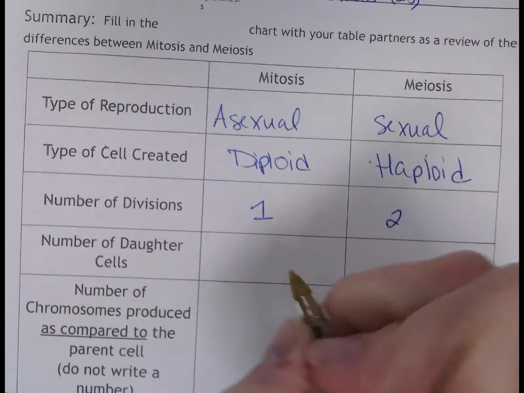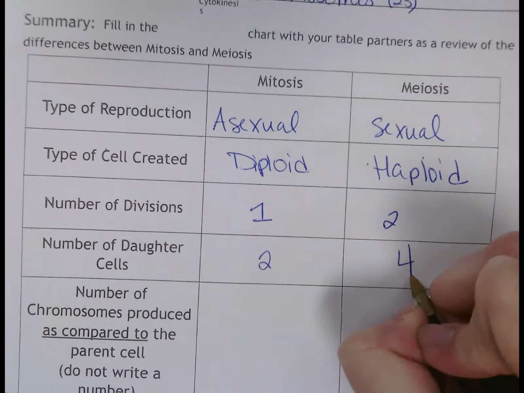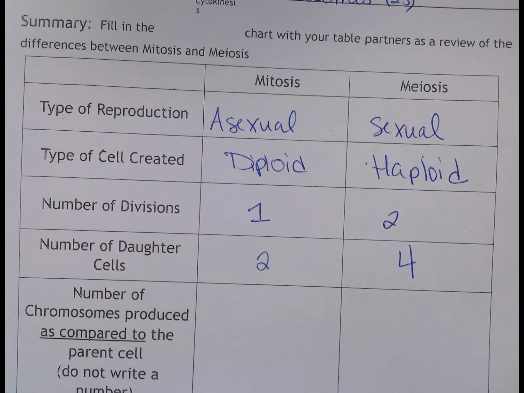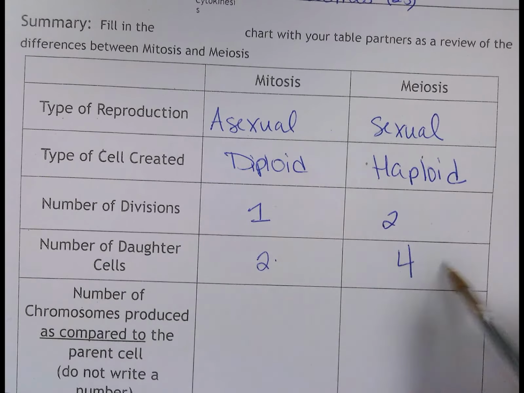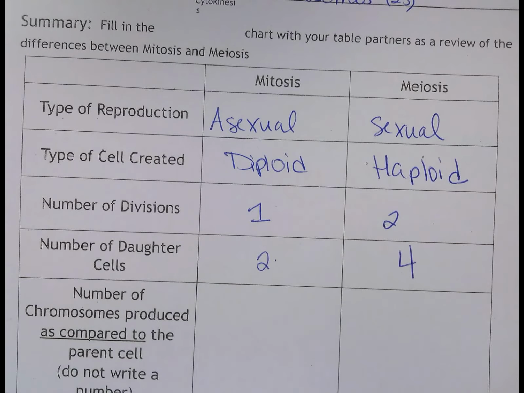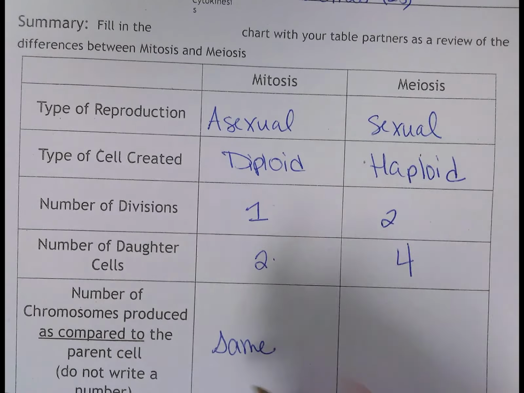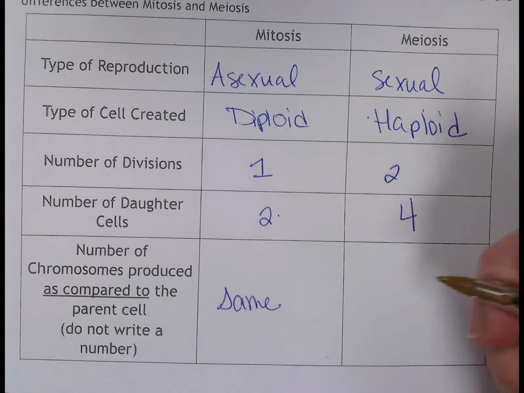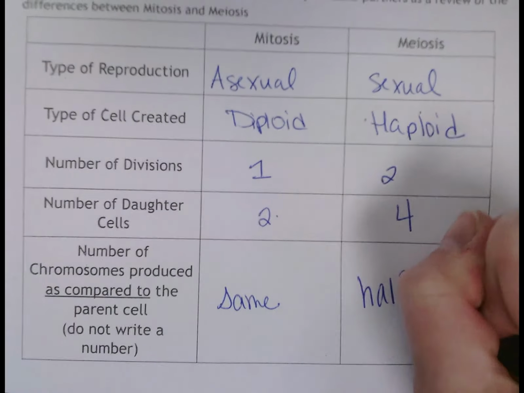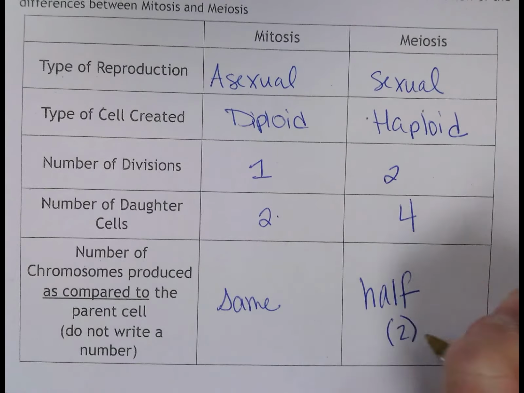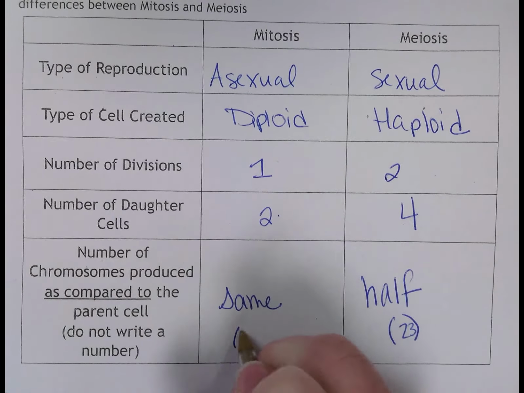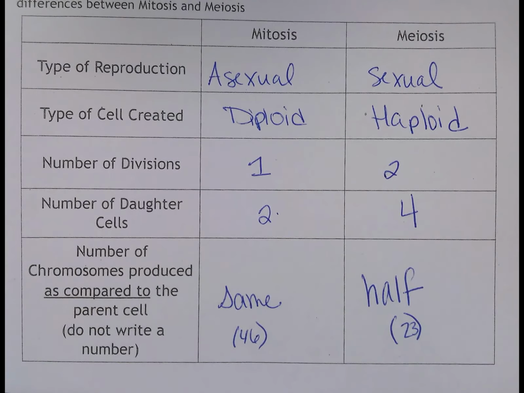Number of daughter cells, this is 2, and this is 4. Number of chromosomes produced as compared to the parent cell, it's the same. They have the same number as the parent cell, while this one only has half. Okay, so I know it says don't write a number. Whoops, 23, and this one has 46. Okay, and that's the end of that.